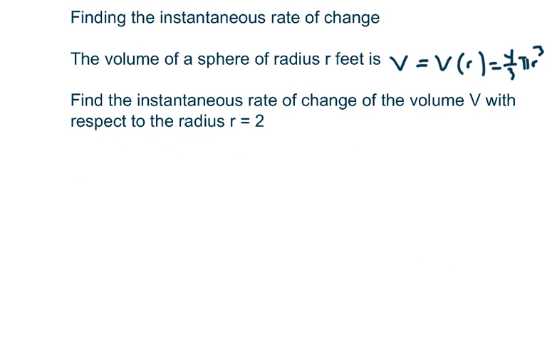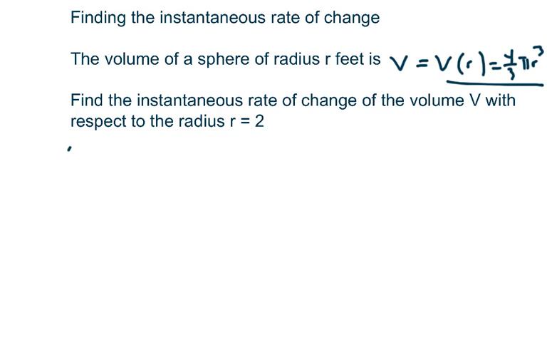Now the next one is we're going to find the instantaneous rate of change of the volume with respect to the radius r equals 2. And here's our formula for the volume of a sphere.